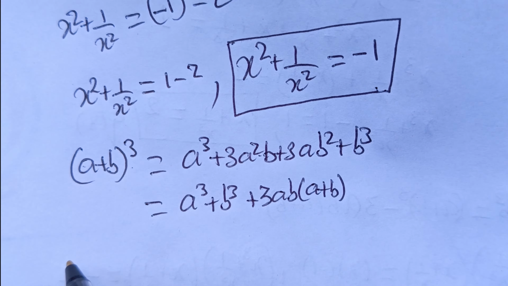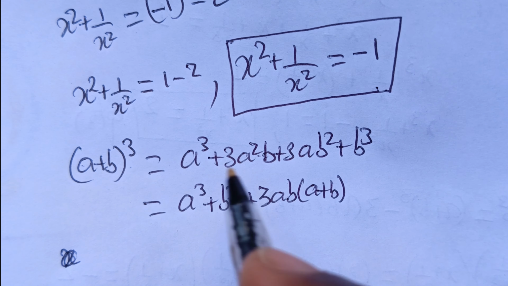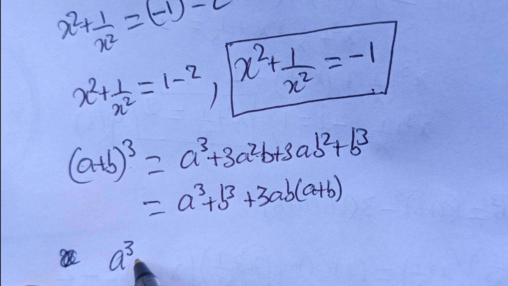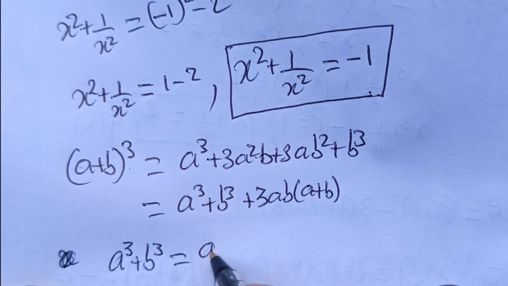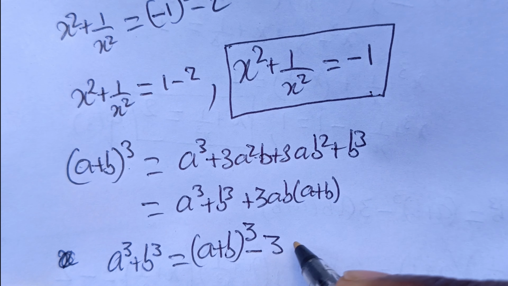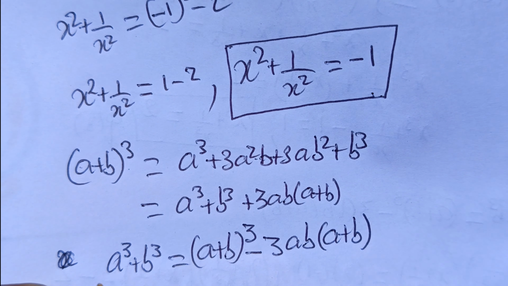Now, here it is clear that a to the power 3 plus b to the power 3 is equal to a plus b to the power 3 minus 3ab into a plus b.